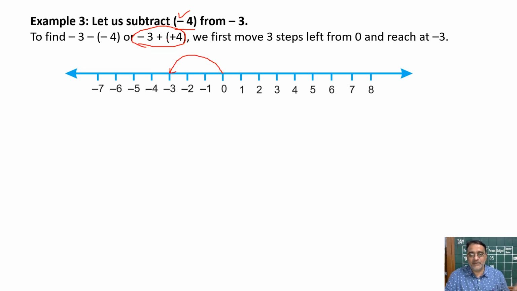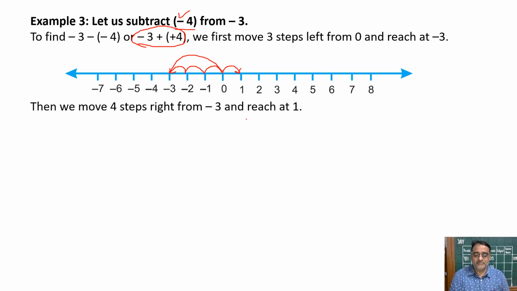So where we have to move, left or right? Right. Very good. 1 2 3 4. कहाँ पहुँच गए? +1. That means the answer is 1. -3 minus -4 is equal to 1.